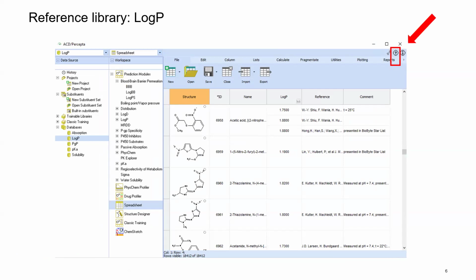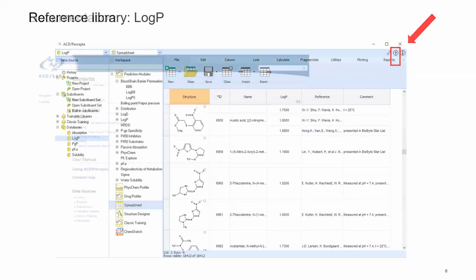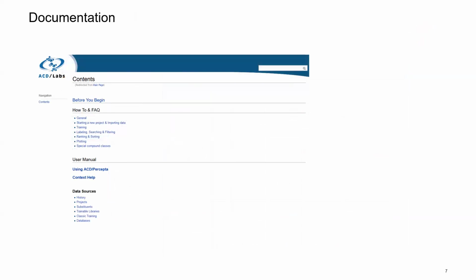That's a huge database. And if you want to see what is actually log-P, then you can click on the question mark at the top, and there's a large documentation on the software, but also on the parameters. And you can learn a lot on the parameters and also the underlying scientific articles.